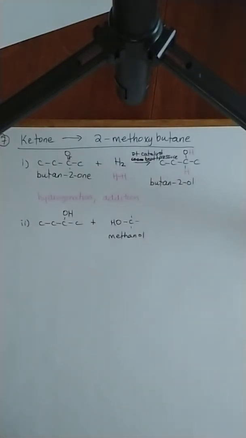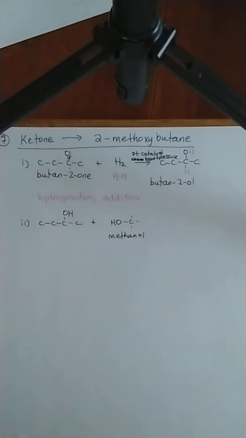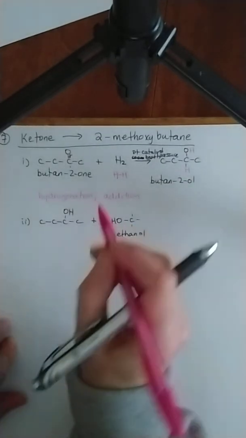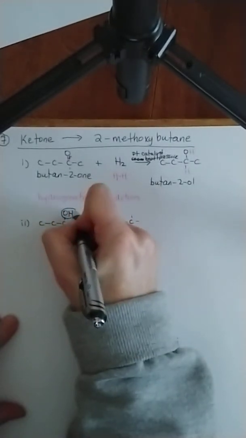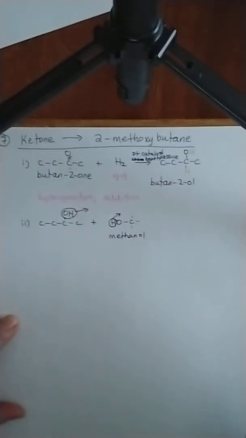So another rule to be aware of is when you're making an ether connection, you always remove the OH from the parent, which will always be the first alcohol that you draw, the bigger alcohol. So we're going to take this here and we're going to remove that, and then we're going to take the H off of the smaller alcohol and remove that.